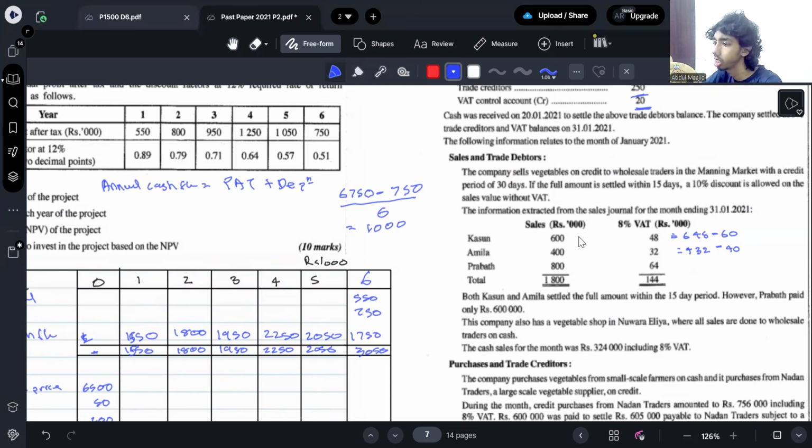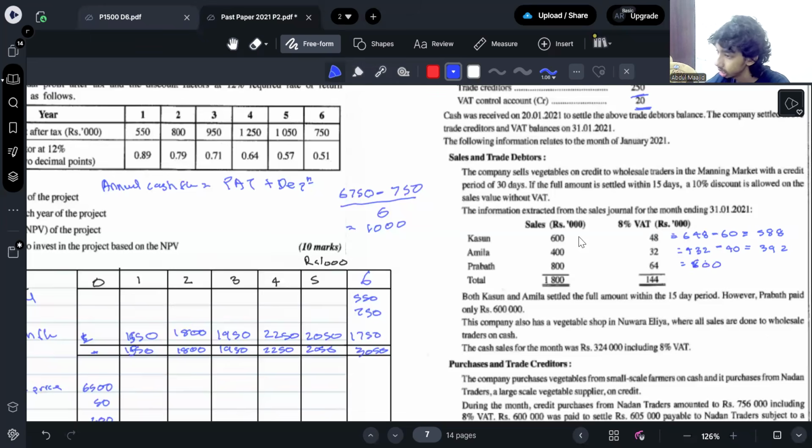Then how much will they pay in cash? 648 minus 60, that is 588. 432 minus 40, that is 392.